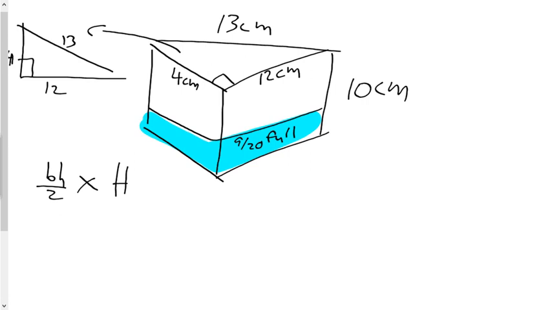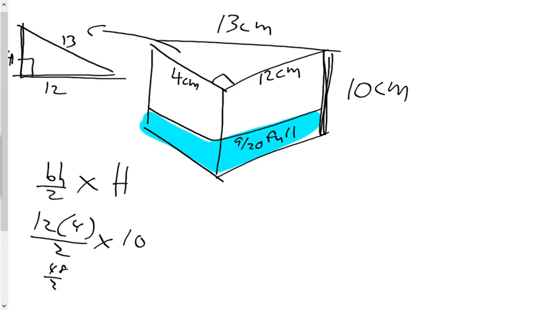So the base of my triangle face is 12. The height of my triangle face is 4, divided by 2. And the height of my entire prism is 10. So 48 divided by 2 is 24. 24 times 10 means the full capacity of that triangular prism is 240 cubic centimeters of space.